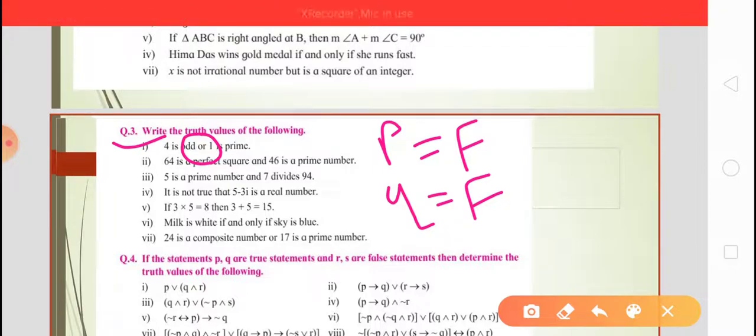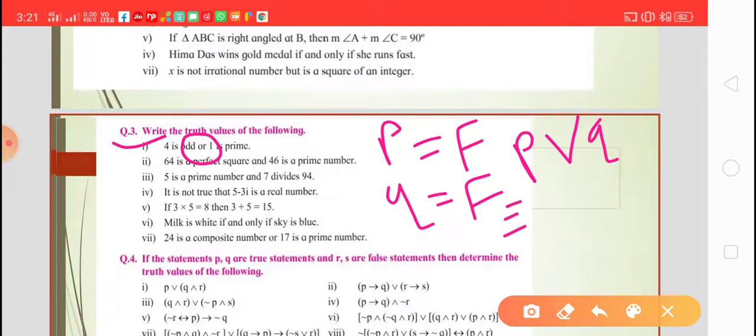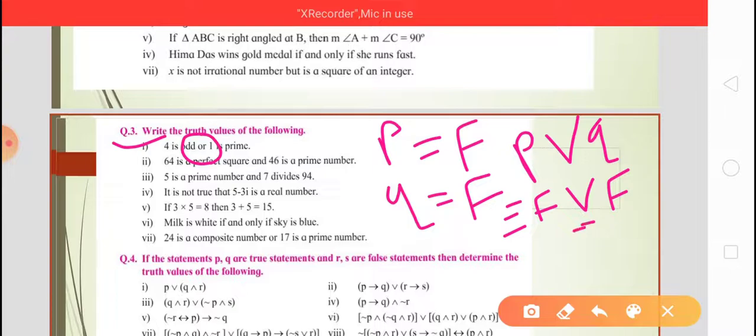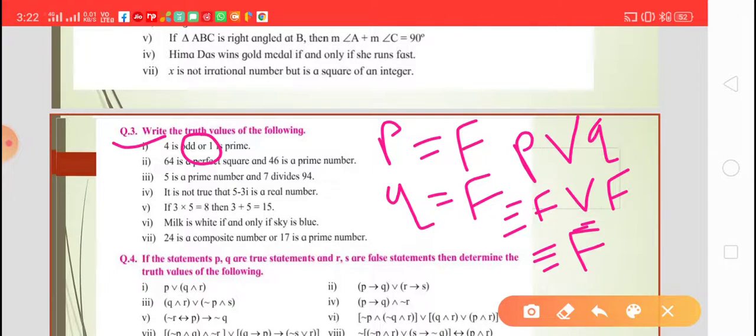If two statements are connected by the word or, it can be read in symbolical form as P disjunction Q. And we know the P statement is false here, and the Q statement is also false. And we know the truth table for disjunction: F F gives F, otherwise true. So here both statements are false, which means F. So the truth value of this compound statement is F. Understand?